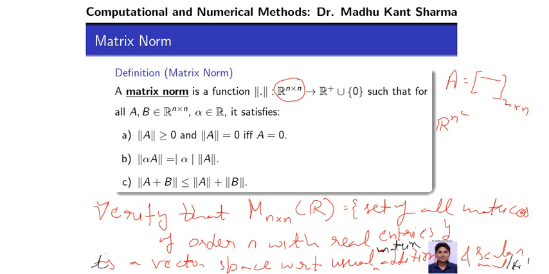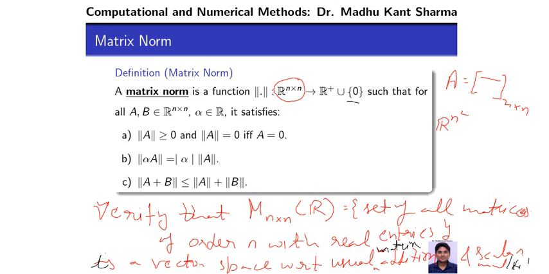Now we are in a position to define a norm on this matrix space, mapping to R plus union 0, such that for all A, B in the matrix space and alpha in the real numbers, it satisfies the following three properties. Norm A is greater than or equal to 0, so for any matrix the norm is always non-negative, and norm A is 0 if and only if A is 0.